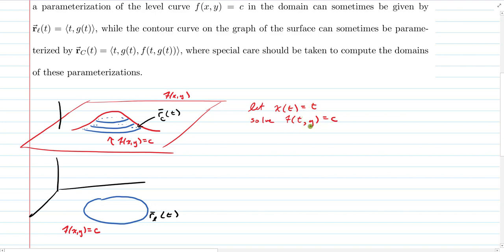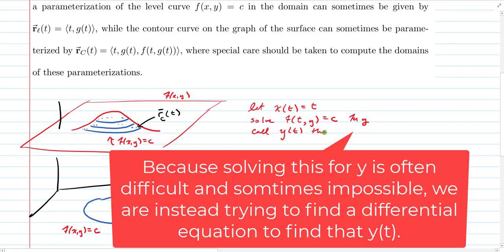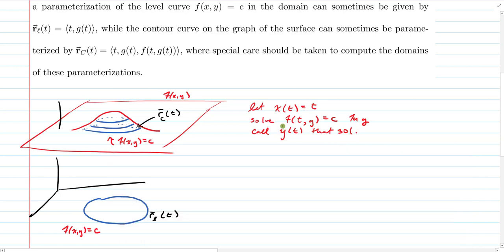And if we can solve this for y, we could call y sub t that solution. Now, we don't know how to find that y sub t. That's what our differential equation is going to help us do directly. But if we had that y sub t, then we could use as a parameterization r sub l of t equal to t comma y sub t.